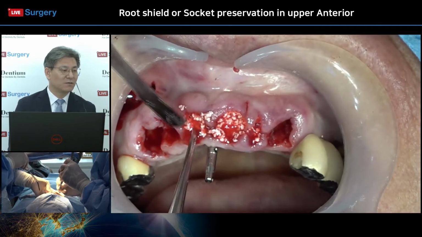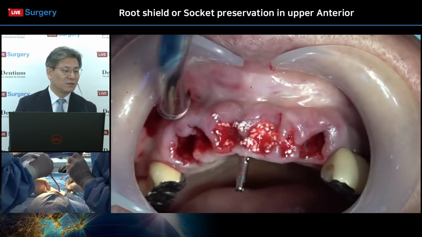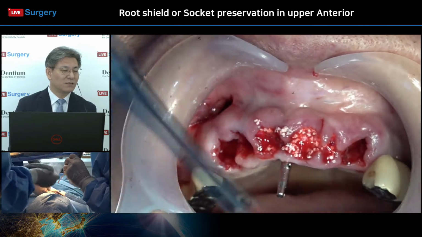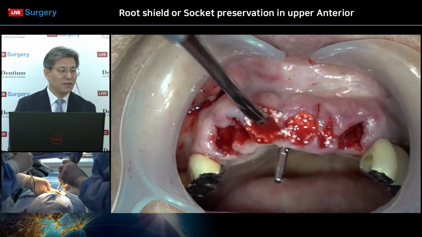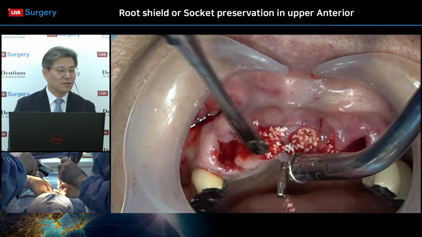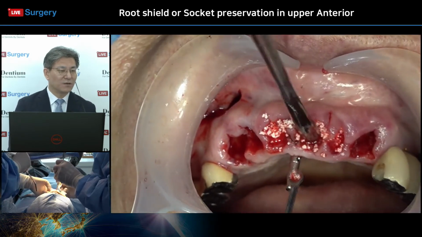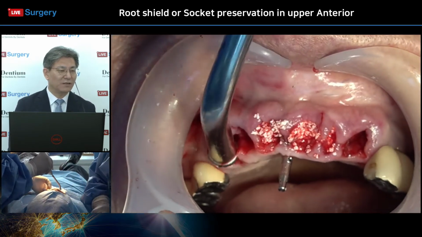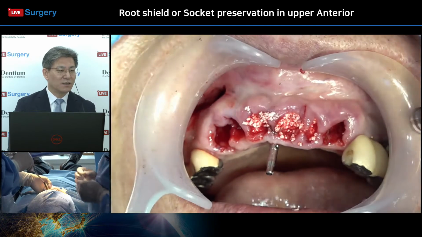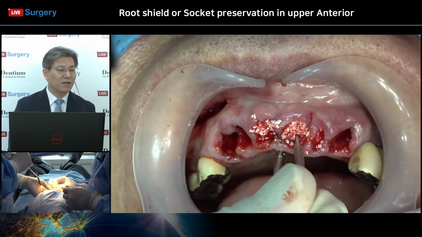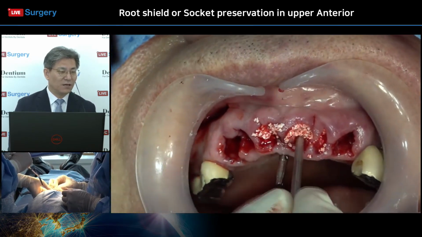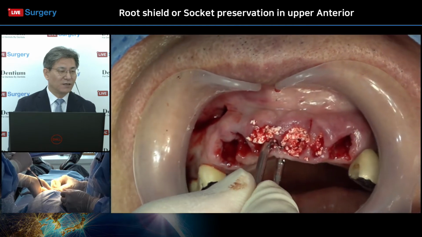So, Dr. Chung does grafting first and then implant insertion. Some other surgeons do implant insertion first and then grafting. It doesn't matter.